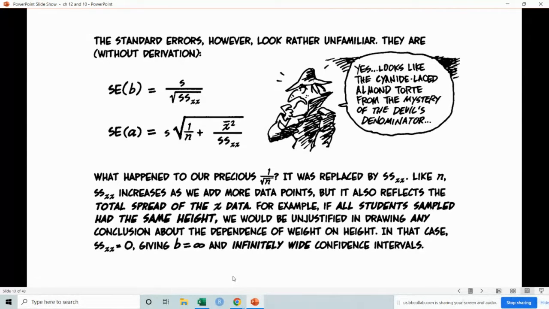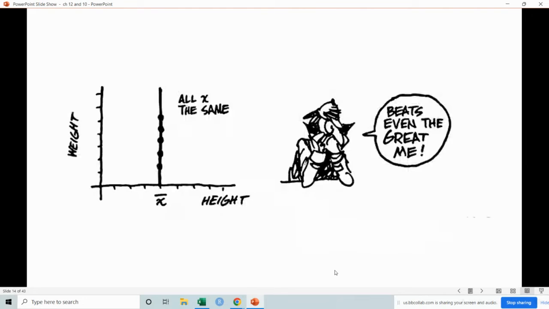For example, if all students sampled had the same height, we would be unjustified in drawing any conclusion about the dependence of weight on height. In that case, the sum of squares for the x's would be 0, giving b infinity and infinitely wide confidence intervals. Basically, that's what that's saying. We would have an infinite line going up for height if we had just one height.